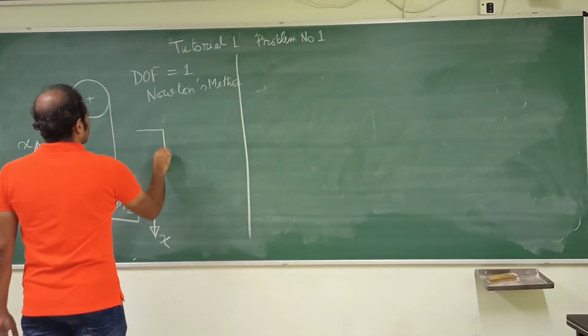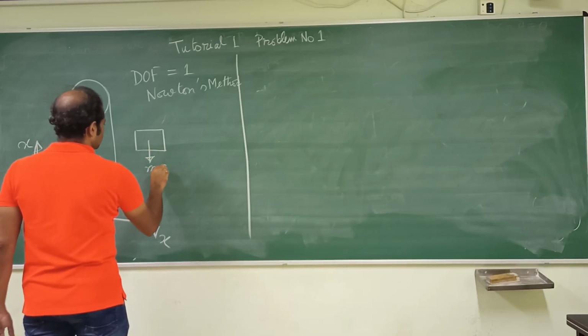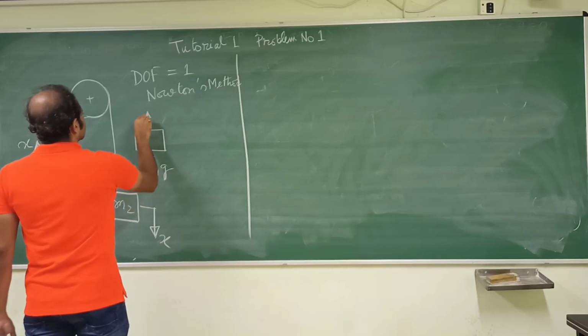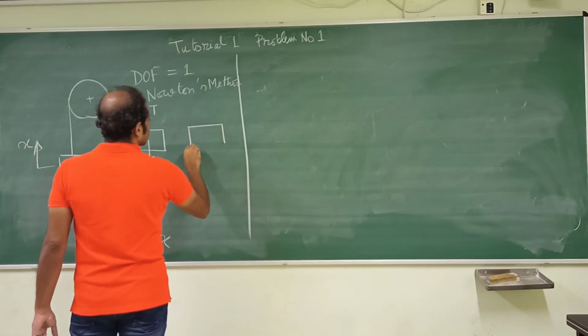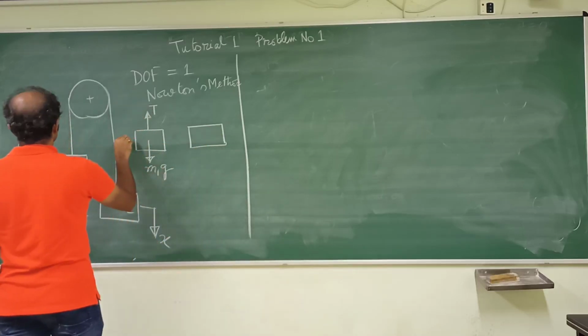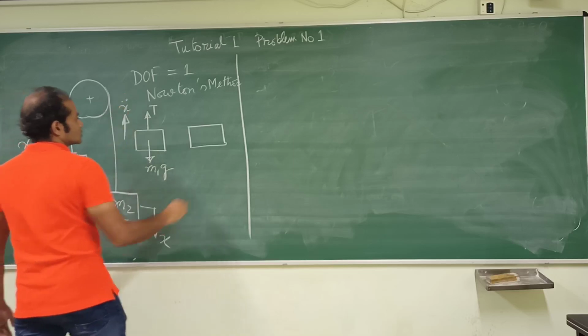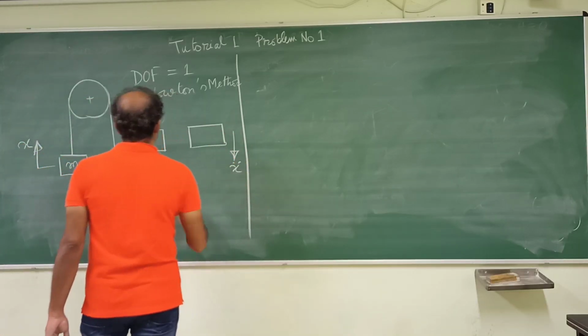So I have to do M1G, and over here the tension T, and the acceleration towards this direction is x double dot.